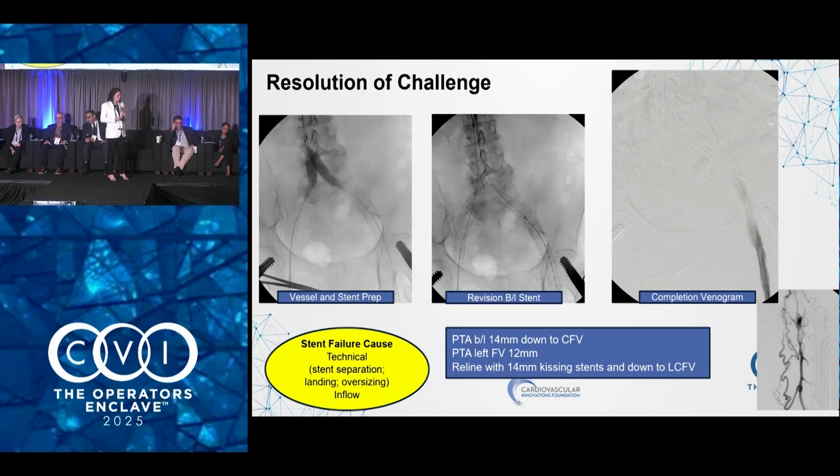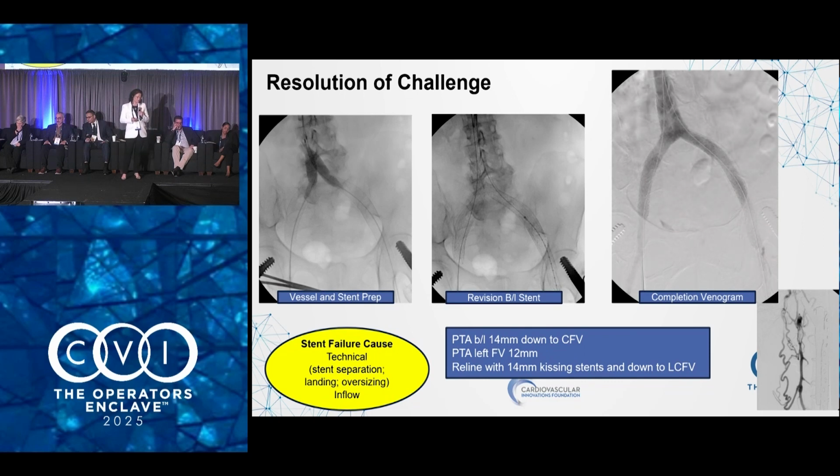So I prepped the vessel with balloon angioplasty for the stents, and then double barreled in with 14 millimeter stents, extending on the left to the common femoral vein, where we have now inflow. And here we see the completion venogram, and then on the bottom right images is where we started with on the inflow side.